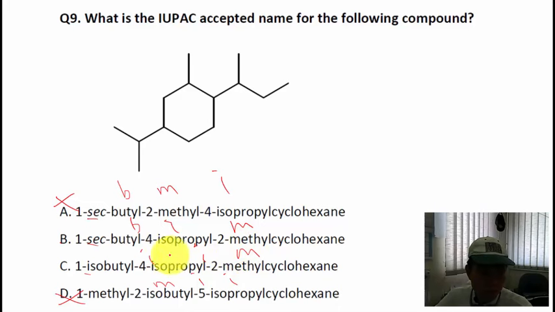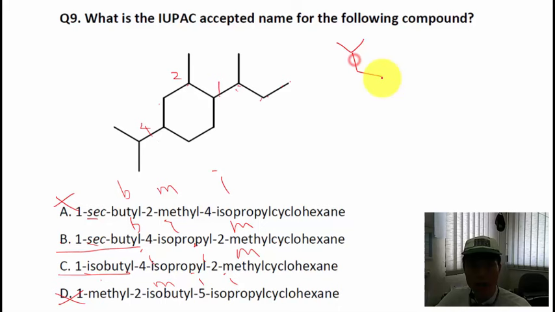Again, the difference is the front part. 1-sec-butyl or 1-isobutyl. Now we know that number 2 must be the methyl group, so this is 2, that's 1, that's 4. So we count 1, 2, 3, 4, lowest numbers there. Number 1, this is a 1, 2, 3, but in total we have 4 carbons, so it's a butyl, but is it sec or iso? Remember, iso means at the terminal end, it branches.